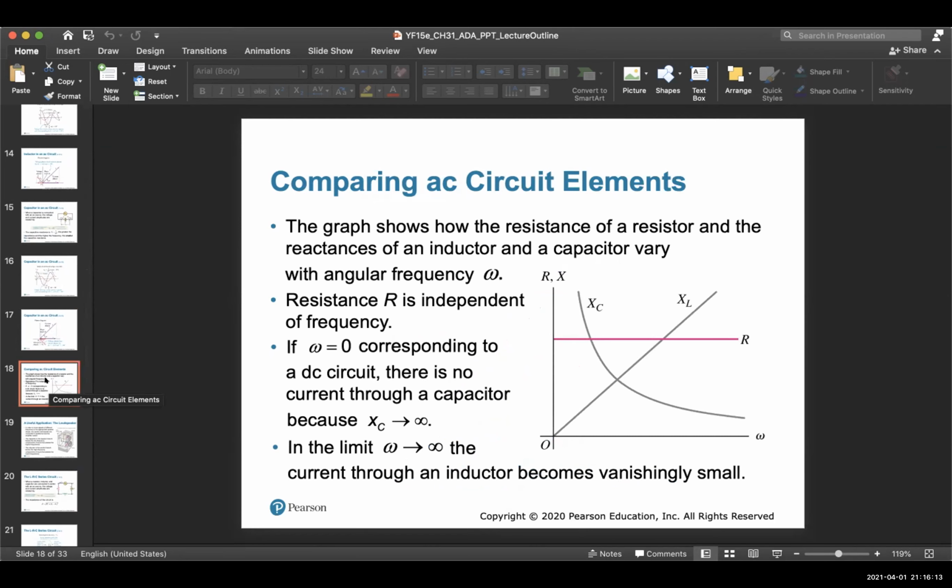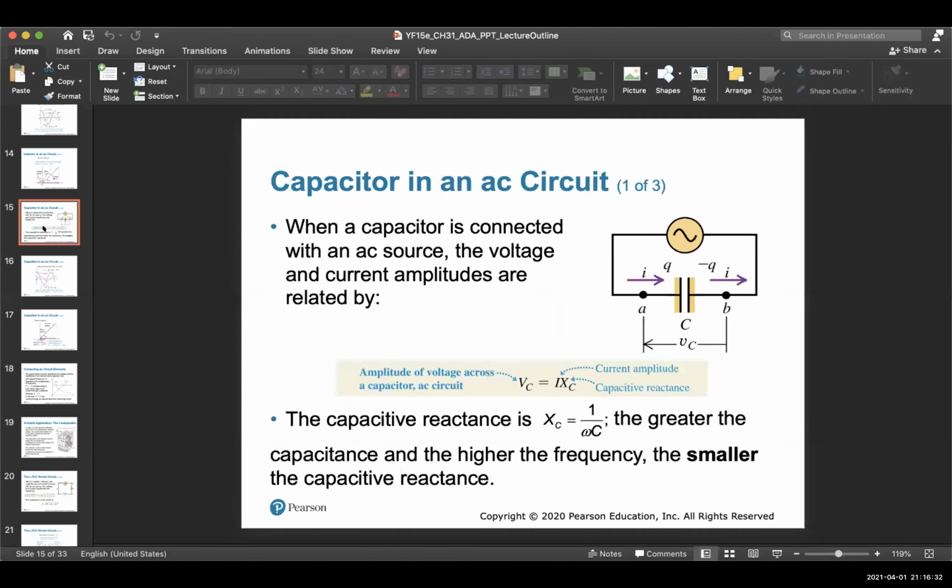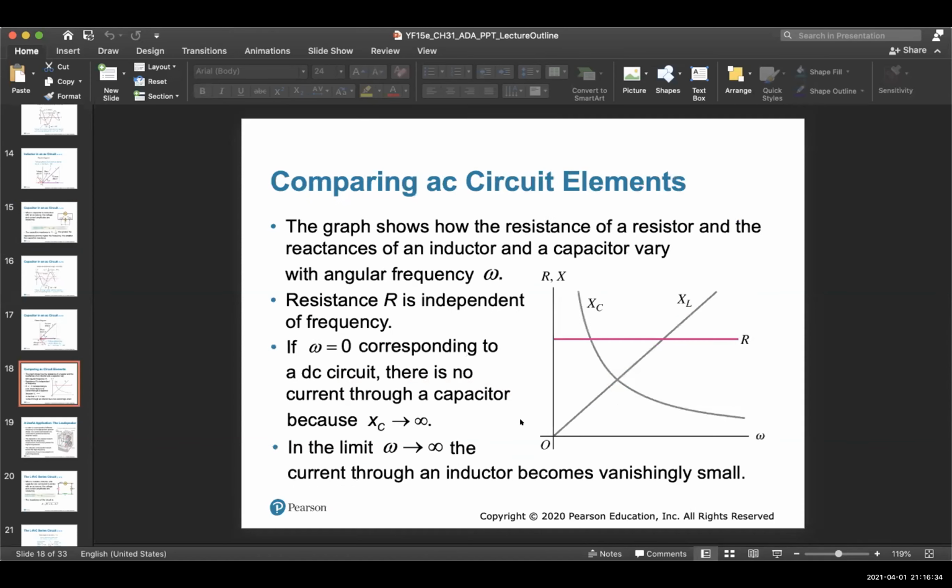This is a cool plot. What are we showing here? This is three different, the resistance and the, what is this called? Reactance. Okay.